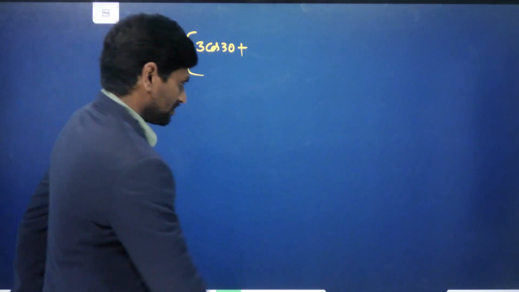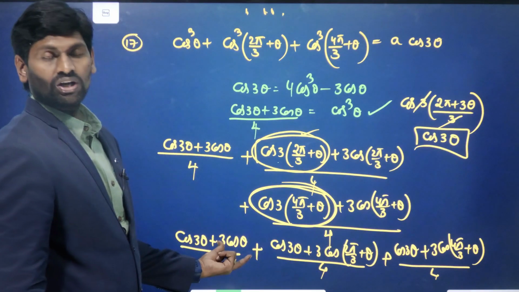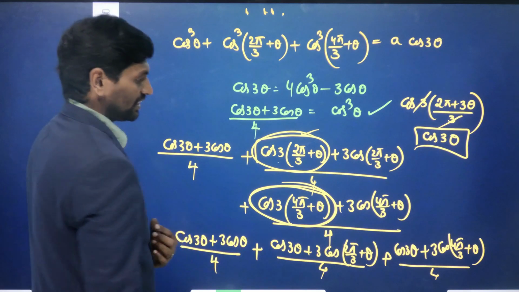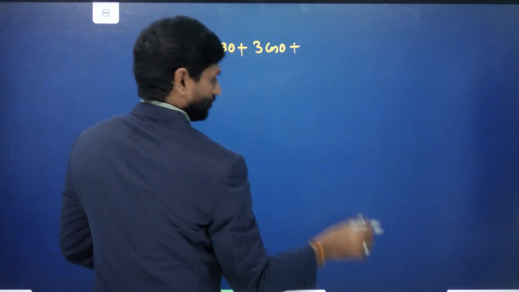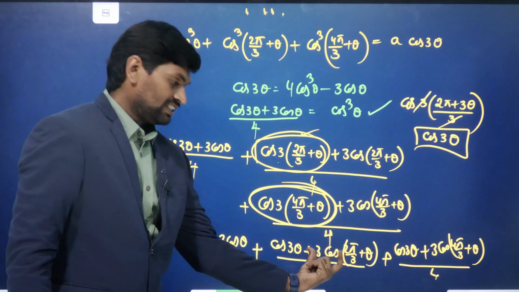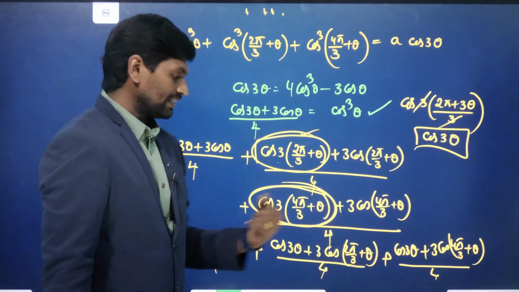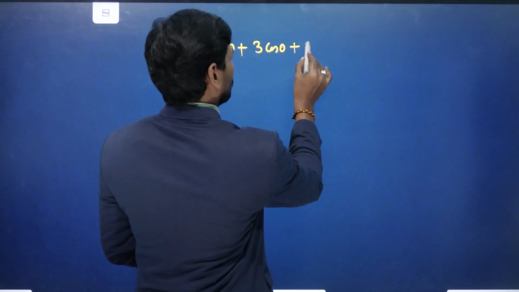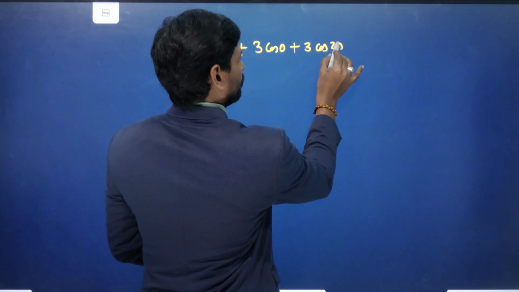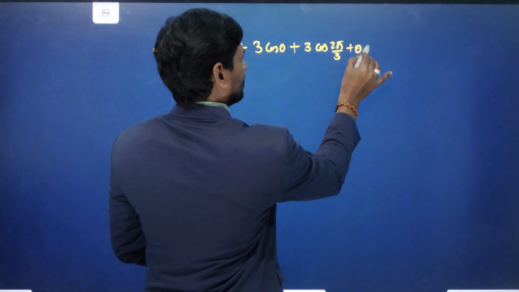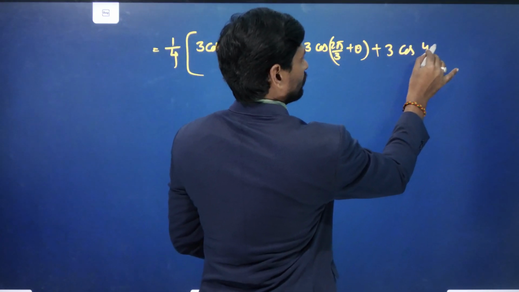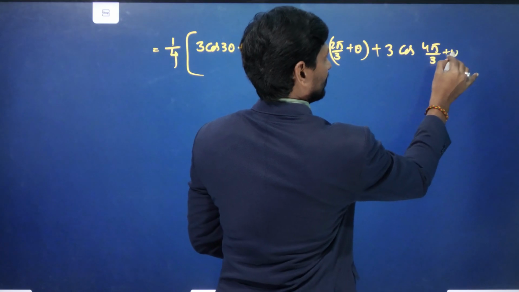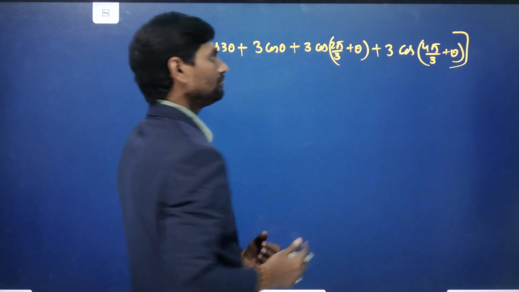And the remaining terms: from the first term we have 3 cos theta, plus from the second term 3 cos (2 pi by 3 plus theta), and the last term 3 cos (4 pi by 3 plus theta). Okay?